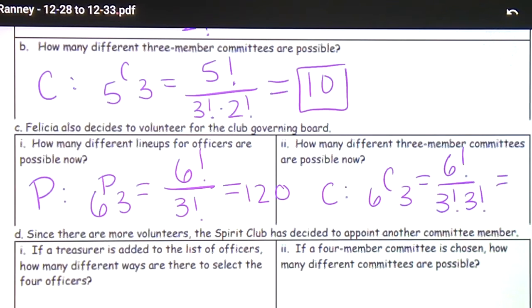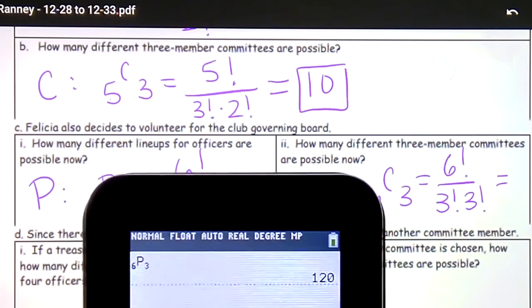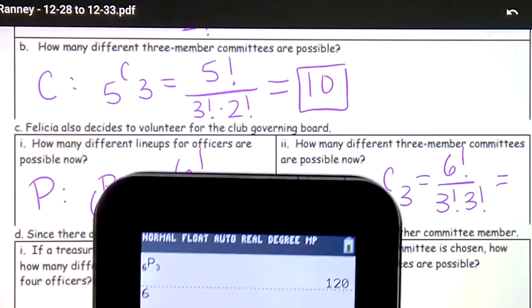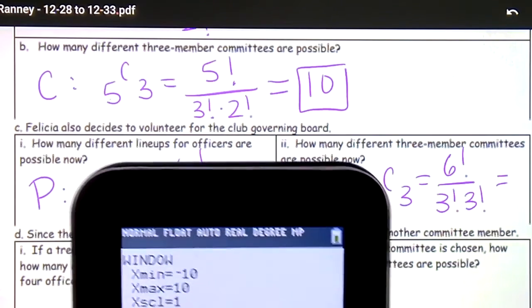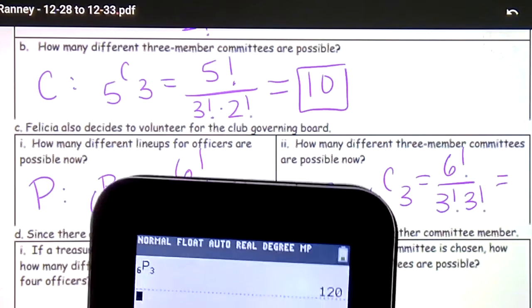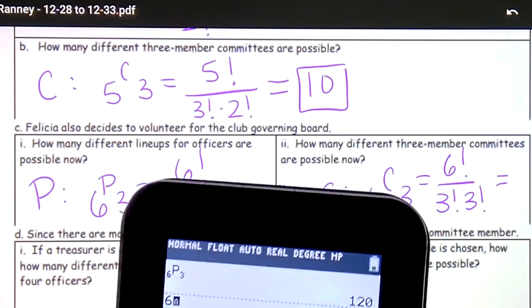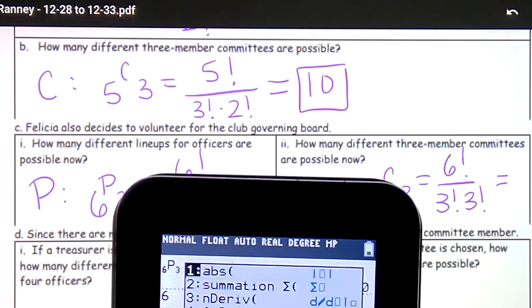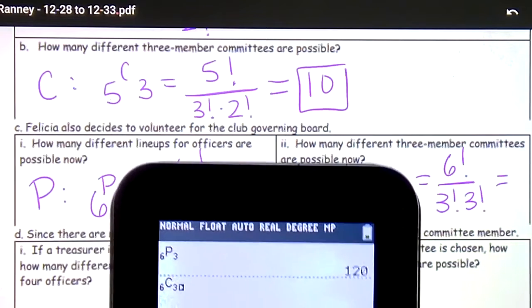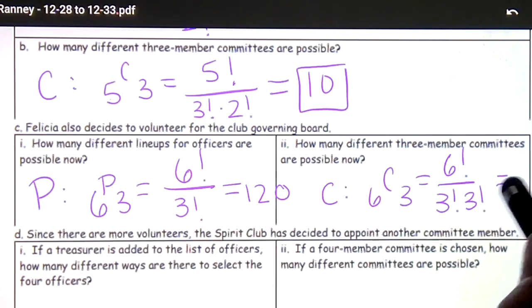And when I work that out, I end up getting 20 different ways.